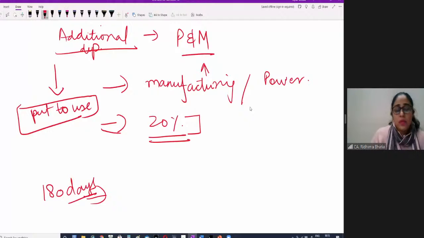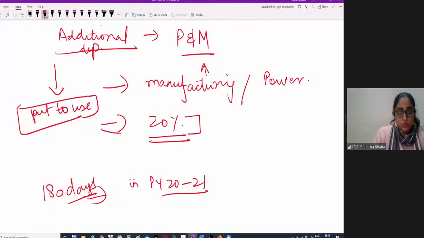Now, you will ask, ma'am, if the asset is put to use for less than 180 days, what will happen? Suppose we are talking about previous year 2021, and I have an asset which is put to use for less than 180 days. Now, what will happen?